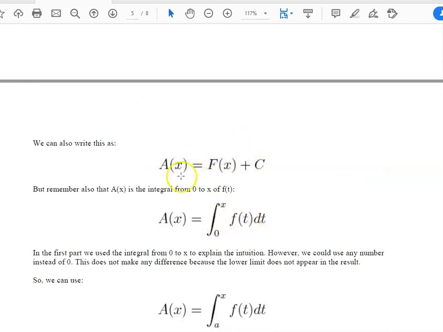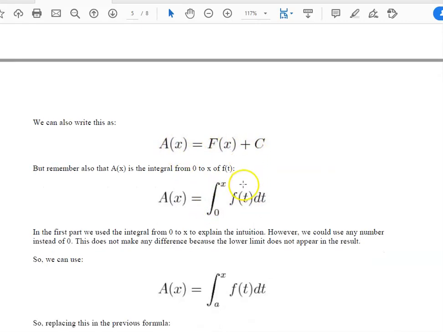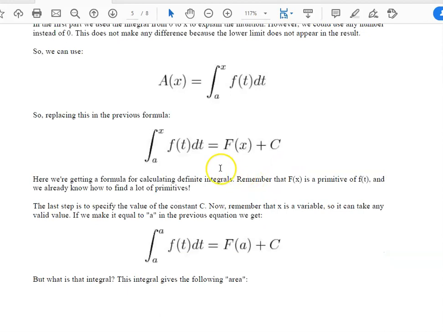So we're going to have this integral with an a equal to F of x plus c. We're just putting that in for the A of x. So the definite integral is really just one of the primitives, one of the antiderivatives of this f of t, plus the constant c.